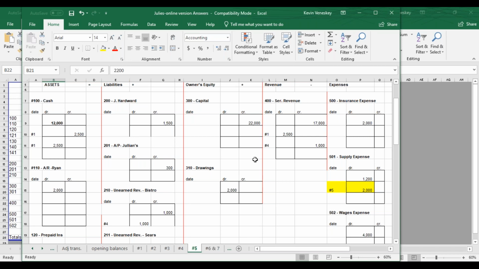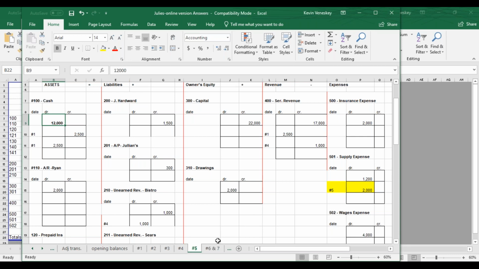Because remember, all the balances I give you were the end of the year balances, but not including the adjusting entries. So for example, this 12,000 in cash, there's more than one entry that came in for cash. That was just the final balance. Same with the insurance. Yeah, we had 800 in here. I know where some of it is, but the other 1,200, I don't know. It doesn't really matter to me. Somewhere in the previous months from October back.